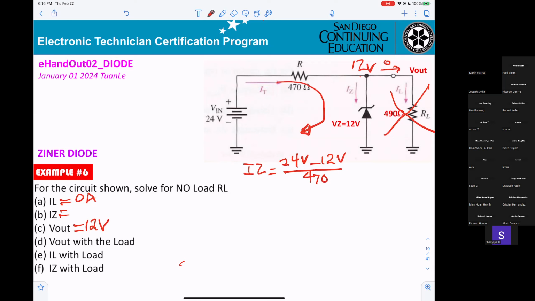And now they want V out with the load. V out with the load equals 12 volts, perfect, 12 volt.